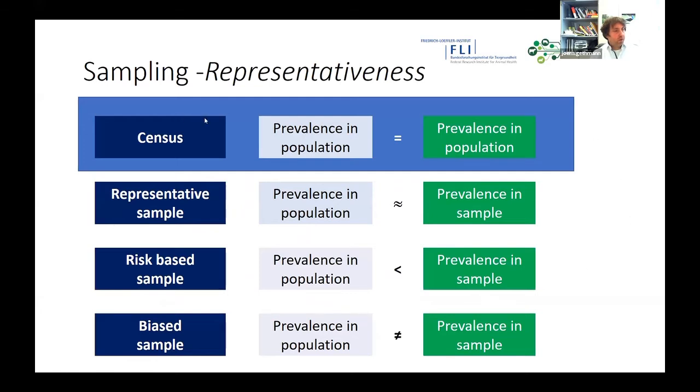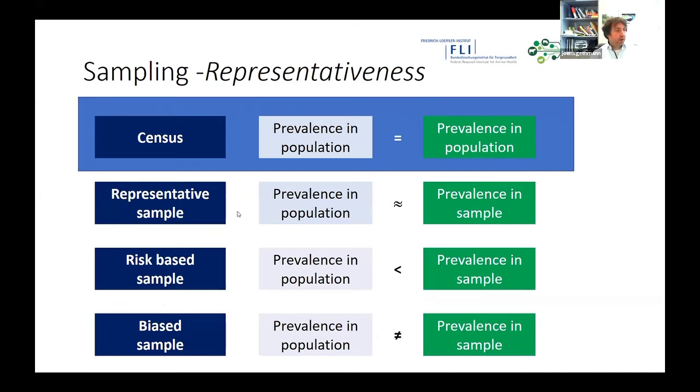To summarize, what I've said now is the representativeness. A census will give you the best results, because if you have a perfect test, then the prevalence in the population is the same, because you test each animal.